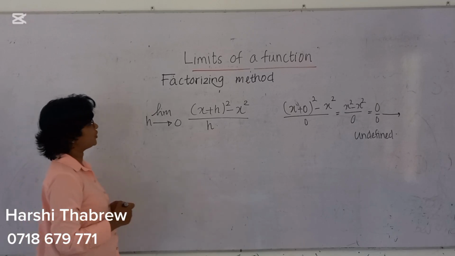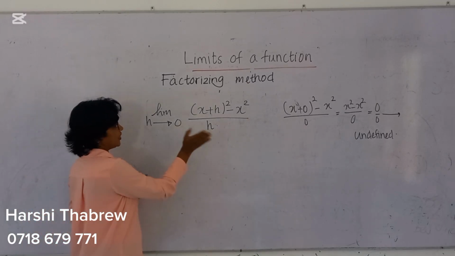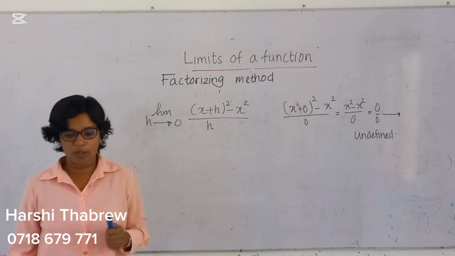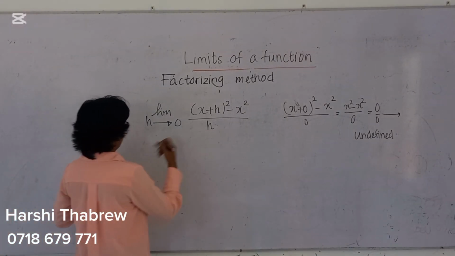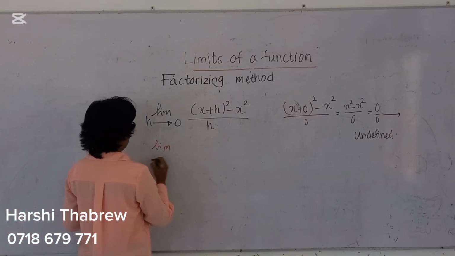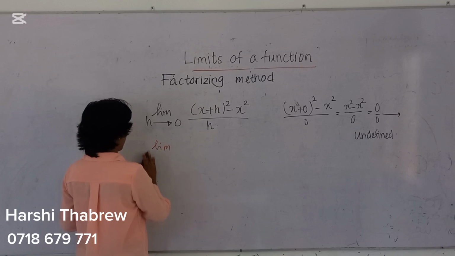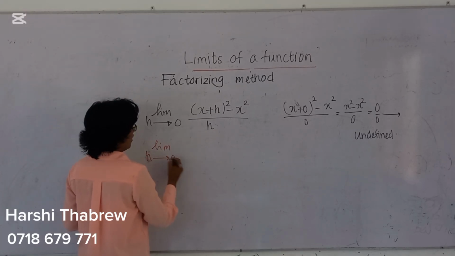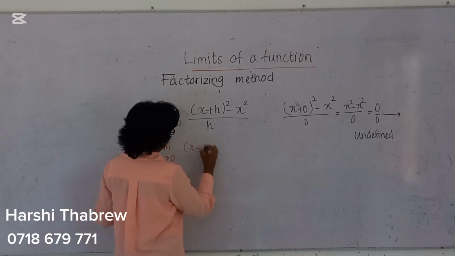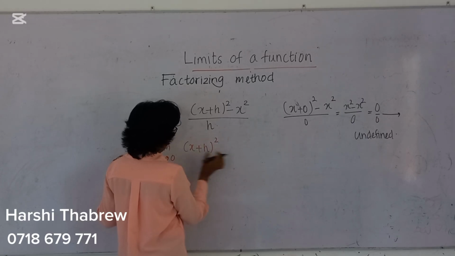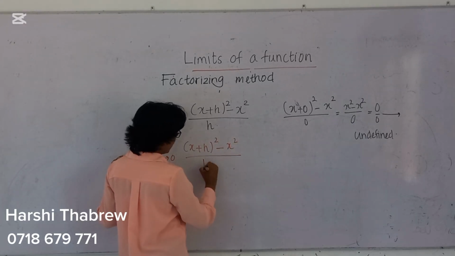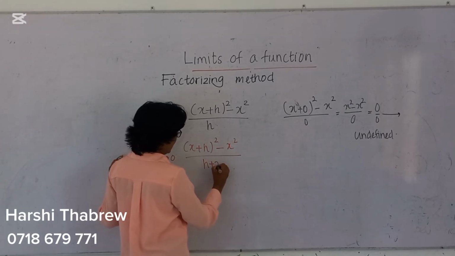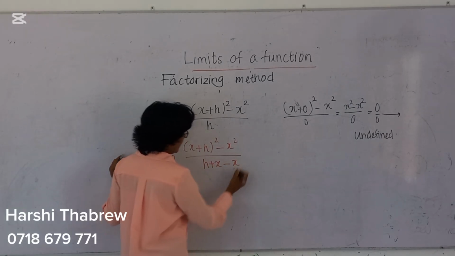So, I am going to add x and I will reduce x. Let's see what can we do for it. The limit as h approaches 0 of square of x plus h minus x squared over h. I will add x and I will reduce x.